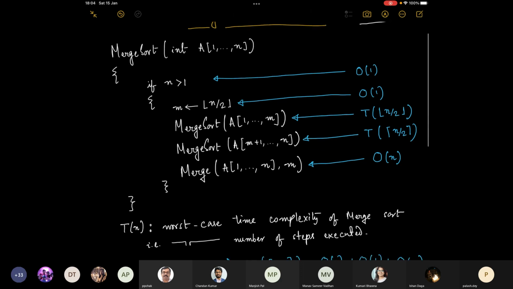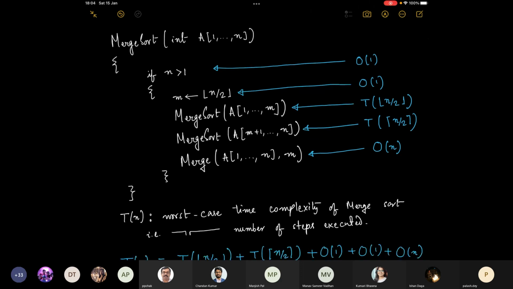Now, we want to study the time complexity of merge sort, worst case time complexity. Throughout this course, we will focus mostly on worst case time complexity, and we have discussed a few reasons in the last class why we want to focus mostly on worst case time complexity.